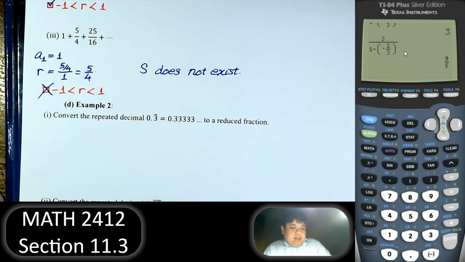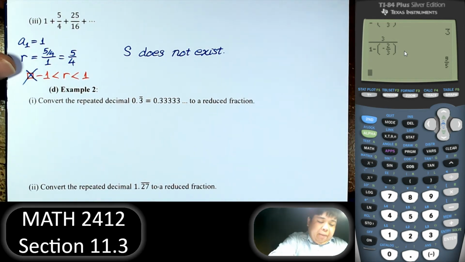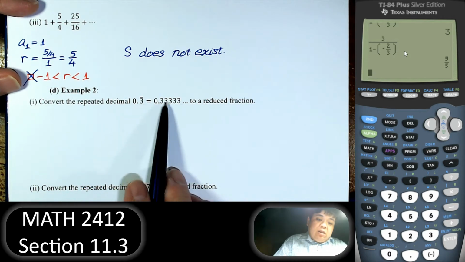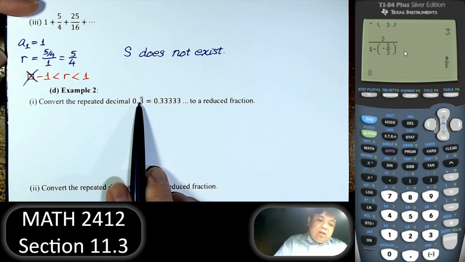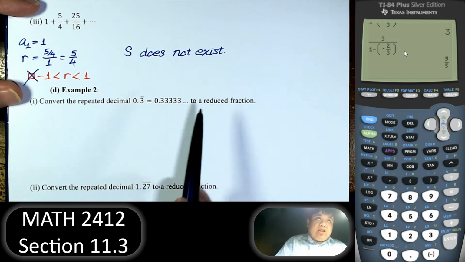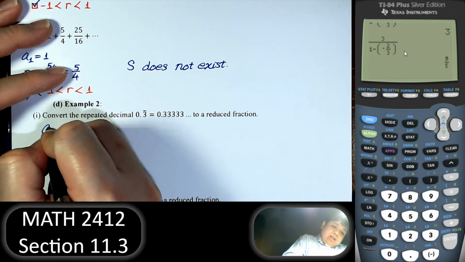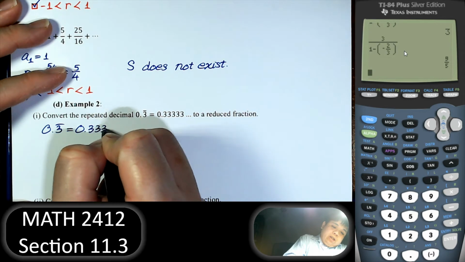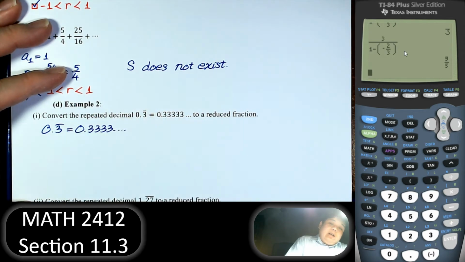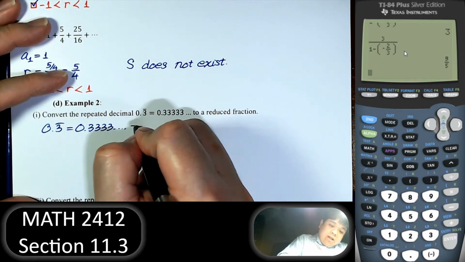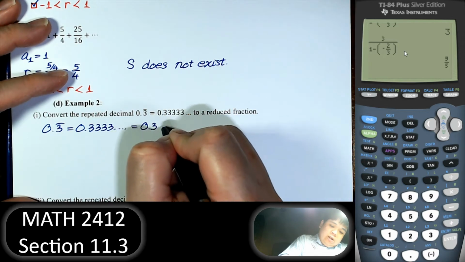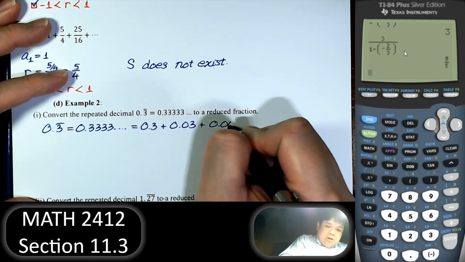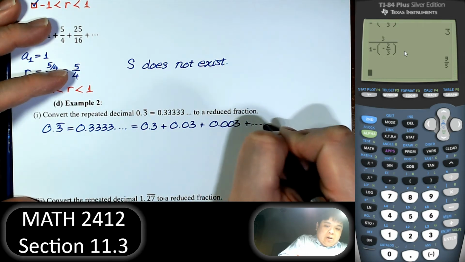Right. Next, we can write this repeating decimal number as a fraction. If we write 0.3 repeating as 0.333 indefinitely, that means we can write 0.3 plus 0.03, plus 0.003, and so on.